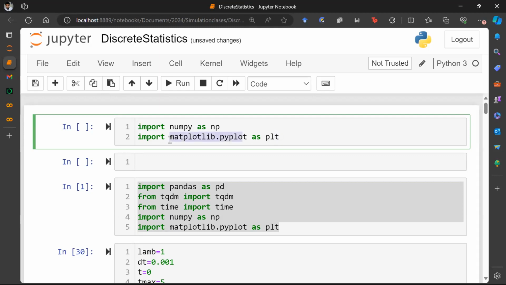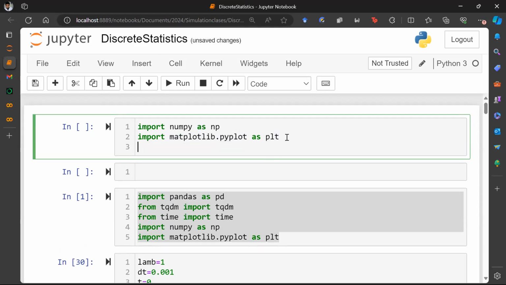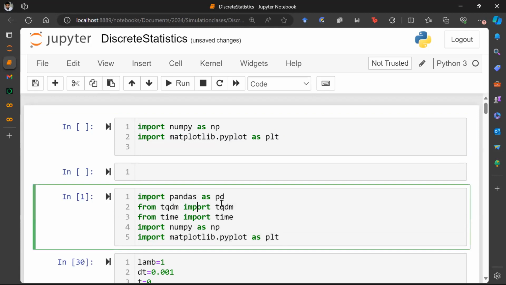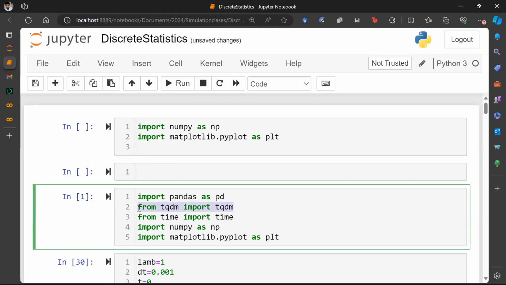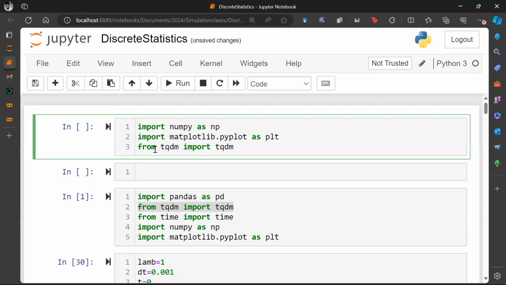So this library is for plotting. I'm going to use also tqdm that gives you in real time the state of your simulation. We're going to see how this works later.